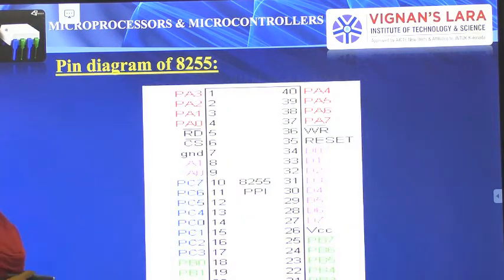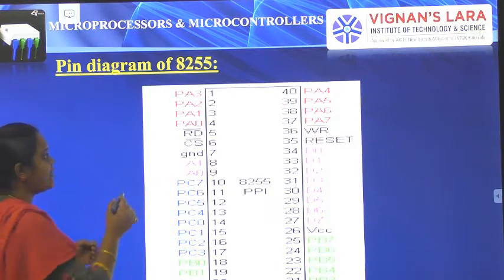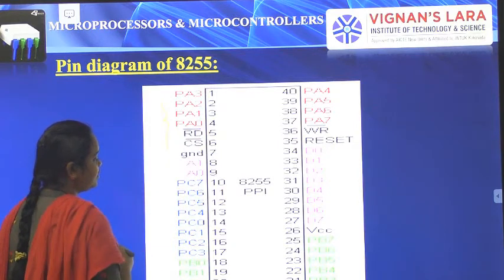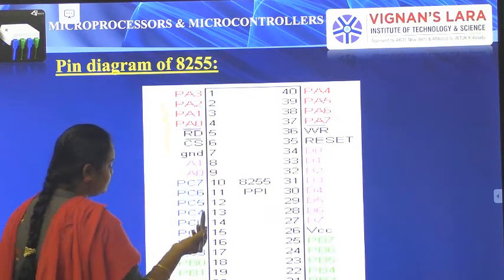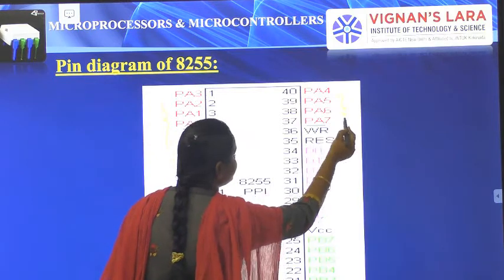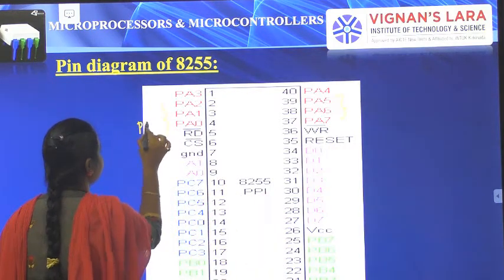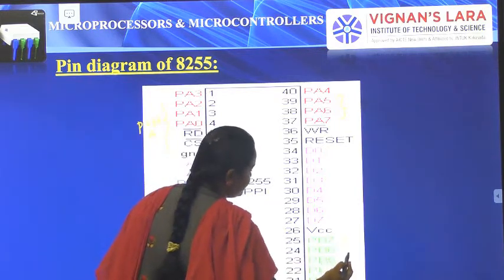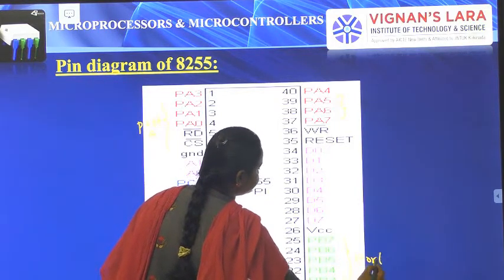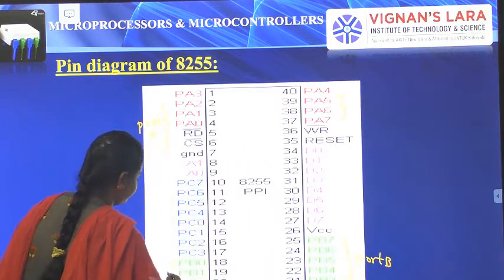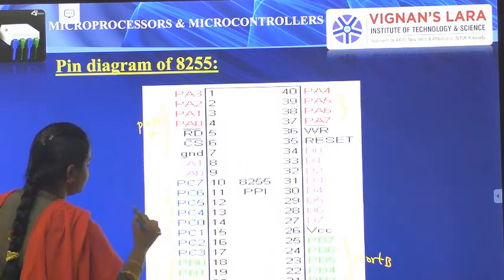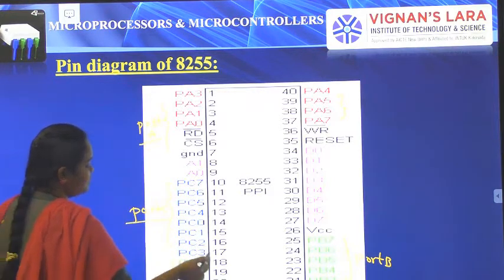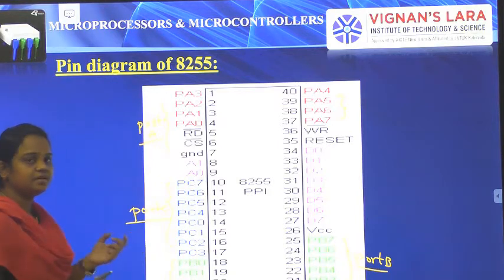This is the pin diagram of the 8255. Here we have port A, pins A0 to A3 and A4 to A7. This is port A, this is port B and this is port C. Each port has 8 pins.